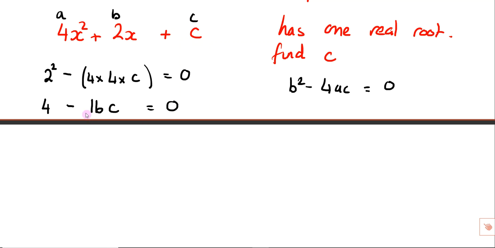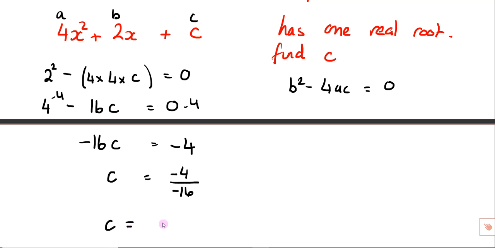So if I subtract that 4, negative 16c equals minus 4. That's fine, I could do that. It isn't what I would have chosen to do, but it's absolutely fine. What statement can I now make? If negative 16c is equal to negative 4, then c equals negative 4 divided by negative 16. So c is a quarter.